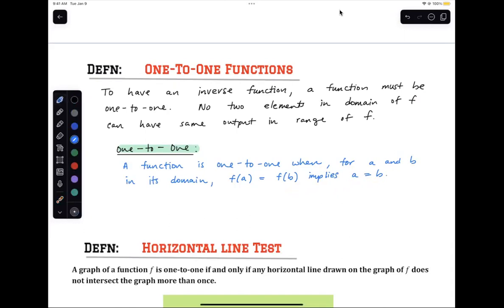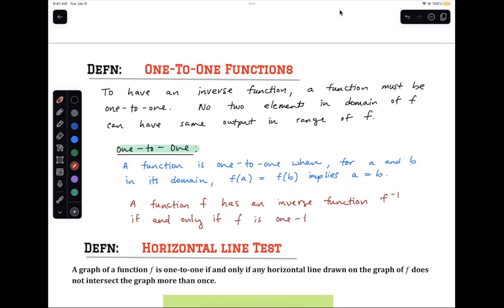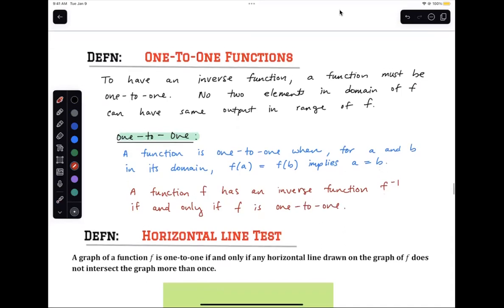So therefore, the big conclusion of this is a function F has an inverse function F inverse if and only if F is one-to-one. So if a function is not one-to-one, then it doesn't have an inverse.